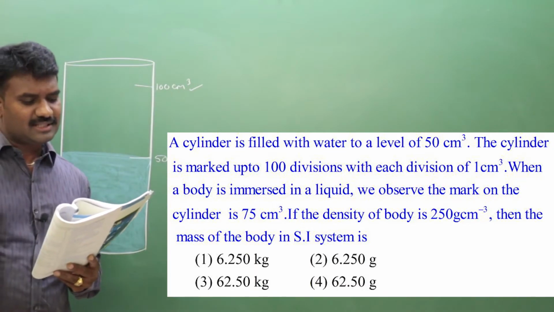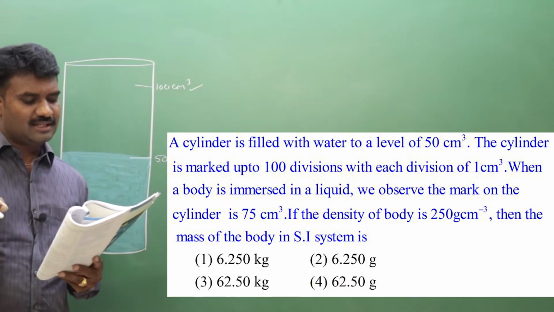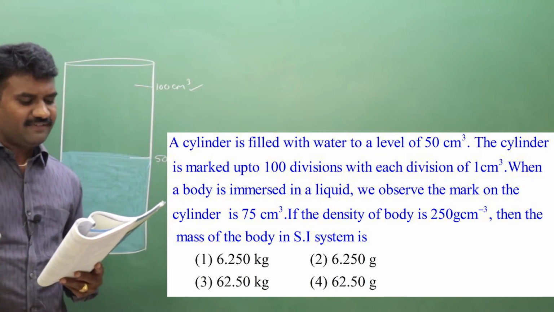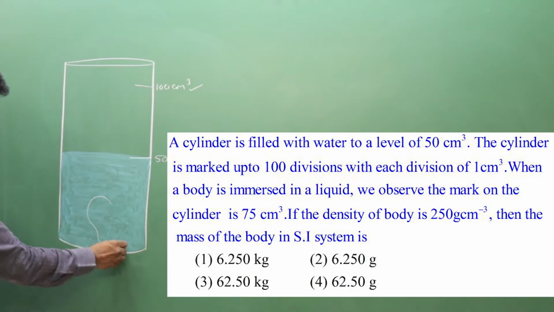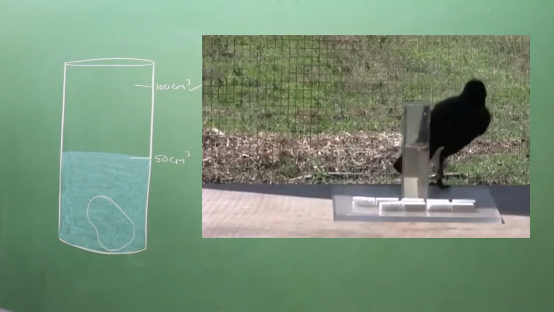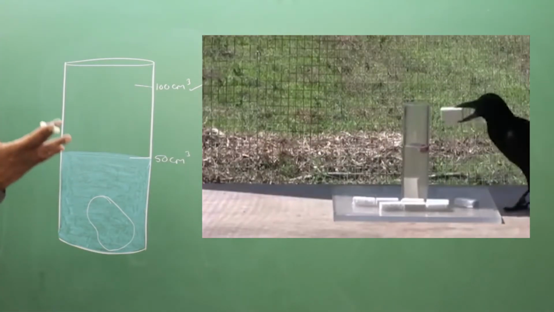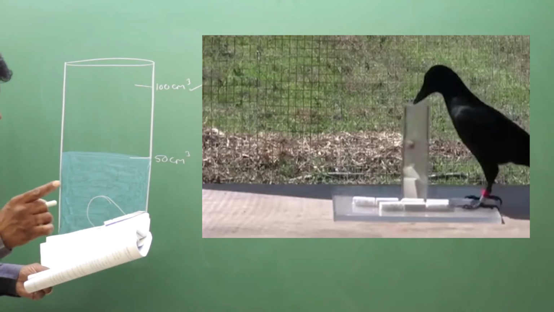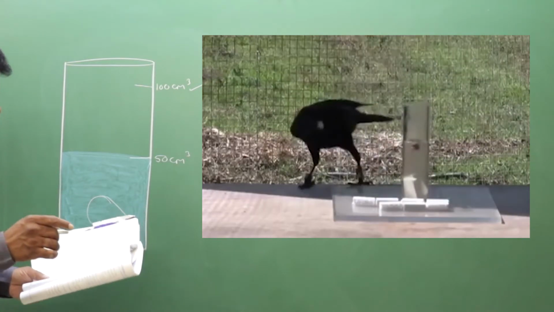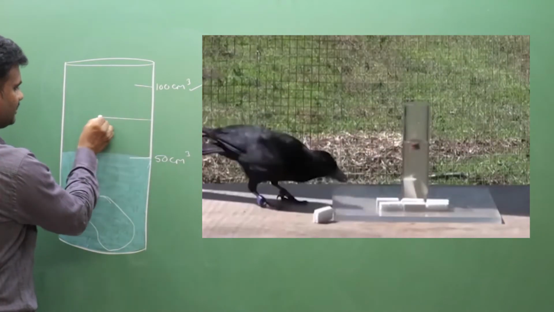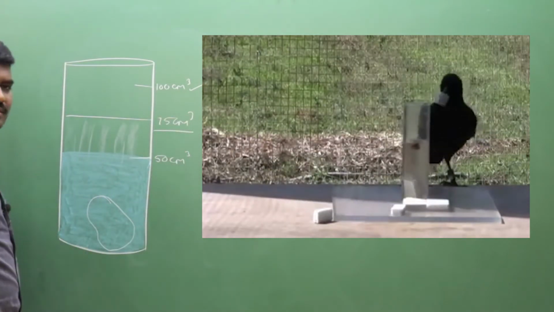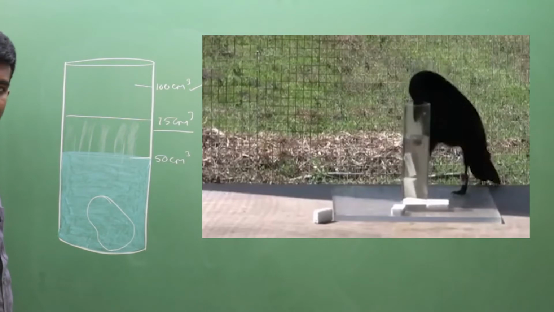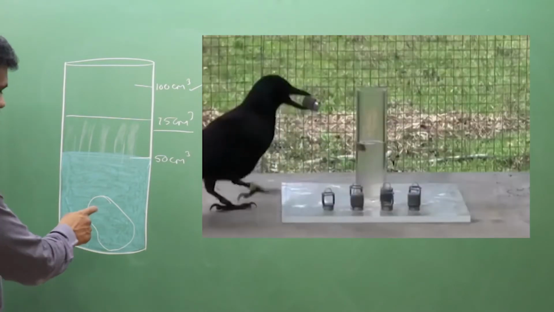When a body is immersed in the liquid, we observe that the mark on the cylinder is 75 centimeter cube. So some object is dipped in it. When the object is dipped in it, what happens? The level of water rises up to 75 centimeter cube. So from this, what can you understand about the volume of the body which is dipped inside?